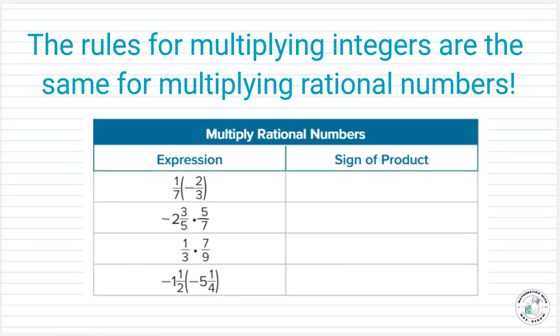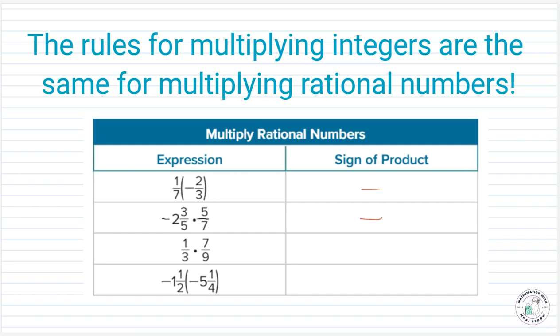So in this table, the first one, we have a positive rational number multiplied by a negative rational number. Well, a positive multiplied by a negative is going to give us a negative answer. For the second example, we have a negative multiplied by a positive rational number. So again, a negative multiplied by a positive is going to lead us to a negative product.